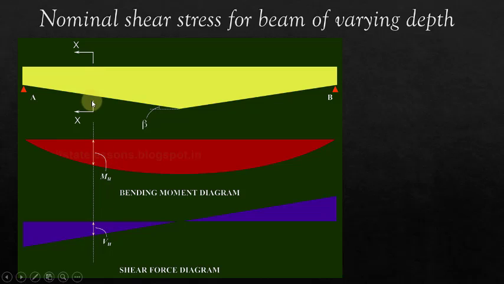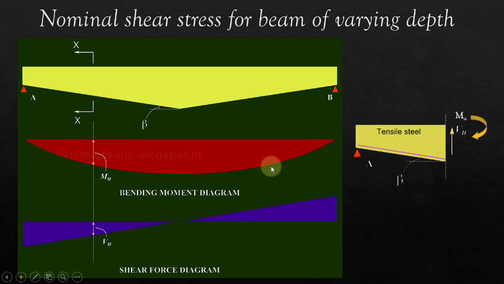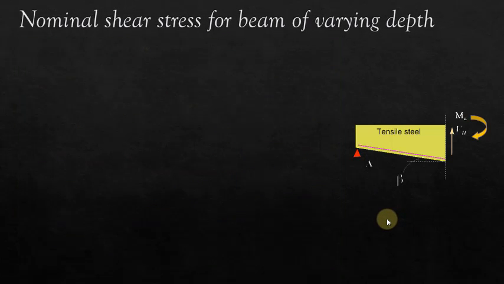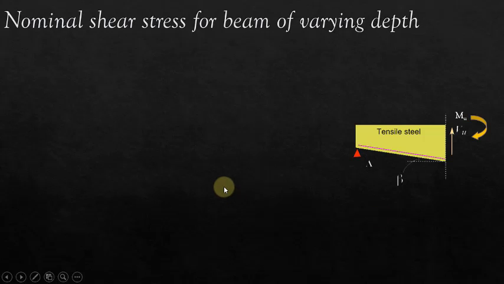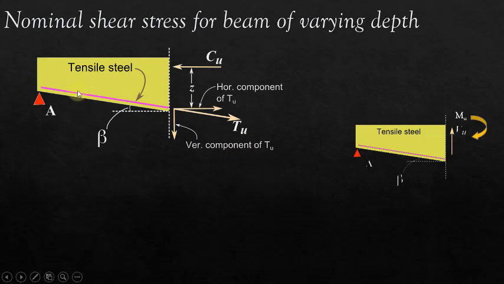Here we have cut a section XX and we can see this factored bending moment Mu and shear force Vu at this section. Here also it can be observed that with increasing moment, depth of the beam is also increasing. The beam's resistance force has been shown here.